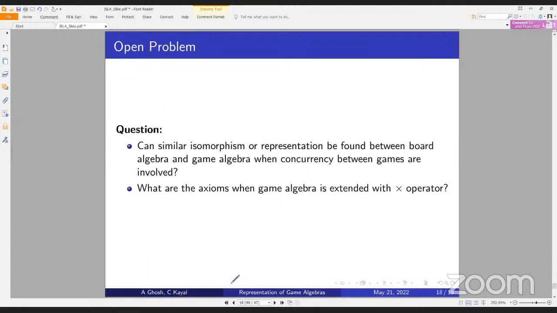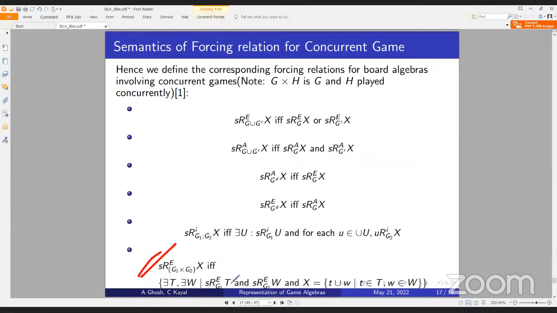Now the open question, and I'm ending with it here: can a similar isomorphism or representation be found when you extend this whole algebra with this cross operator, right? Can we have a representation of a board algebra where this parallel game is played, and another set of game algebras and new axioms here?